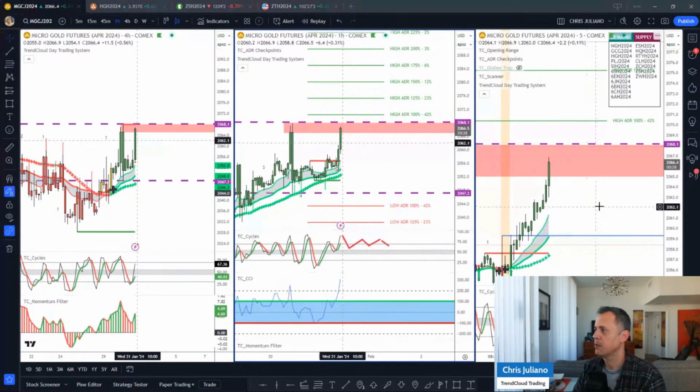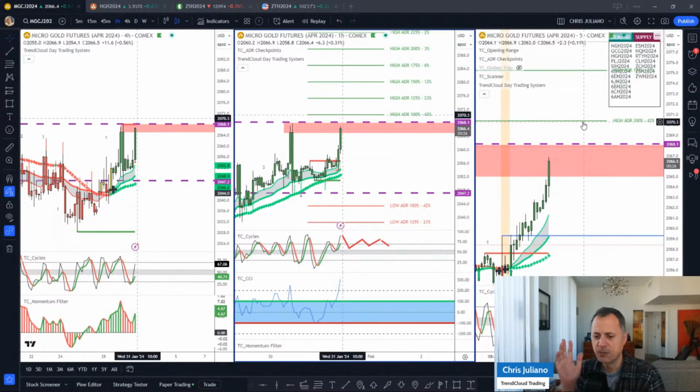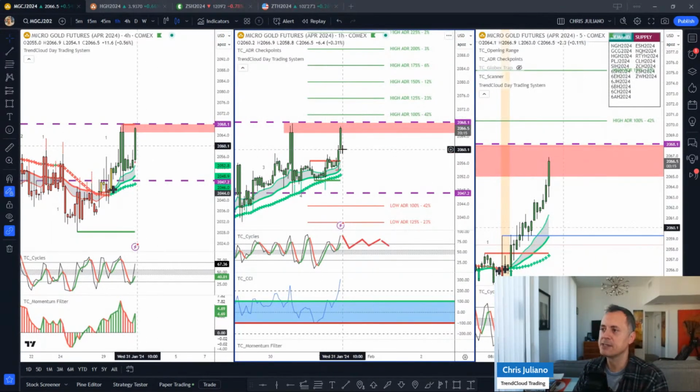That is awesome. These ADR checkpoints are so useful to put on the chart, because in situations like this, you always have to have a reference point for where you are on the map, right?